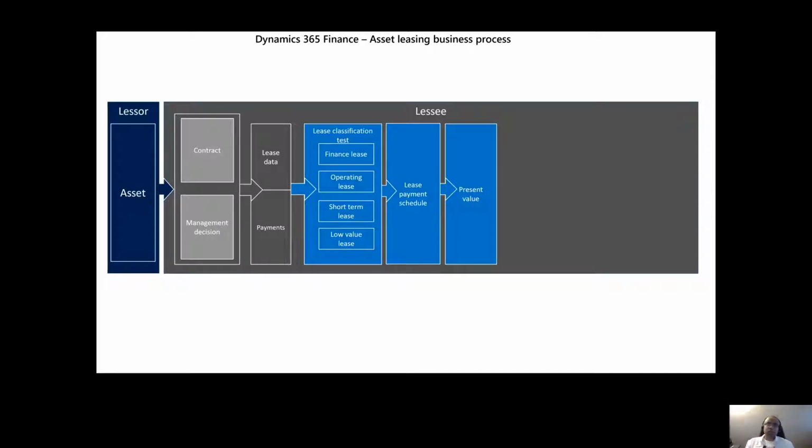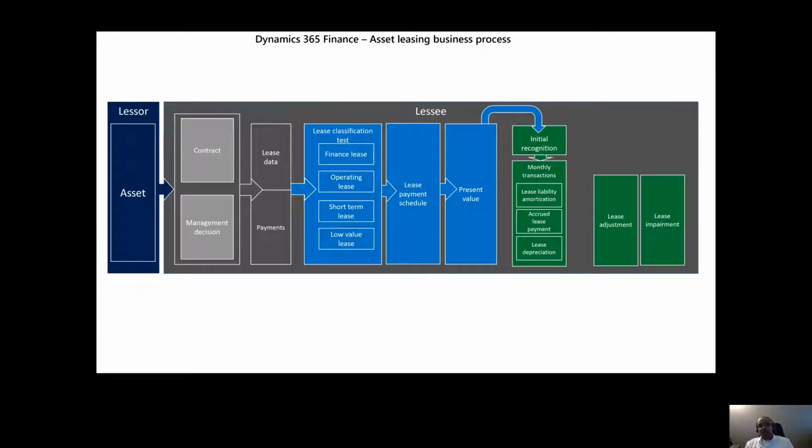Then we need to move to the classification test to identify the lease type, and then the lease payment, and calculate the present value, and take the calculated present value to the initial recognition, where we are starting our lease. And then we have the subsequent monthly transactions: the liability amortization, payments, and depreciation.